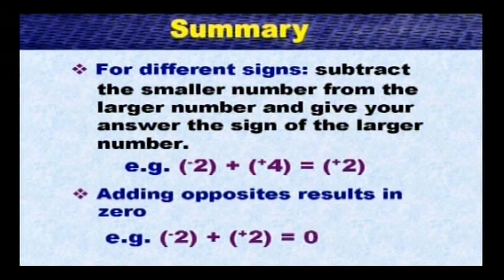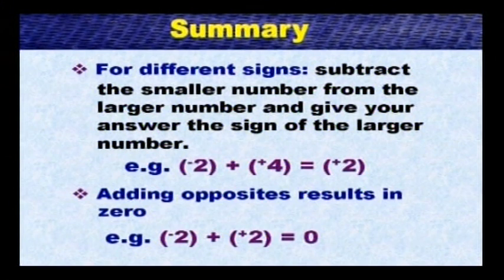Negative 2 plus positive 4. You subtract 2 from 4, get the answer and give the sign of the bigger number. So in that case, positive 4 is the bigger number. What is the sign? It is positive. So the answer will be positive.